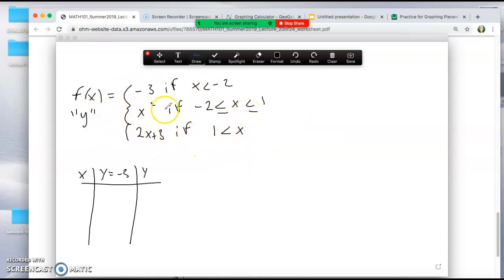So I only want to graph y equals -3 for when x values are less than -2, not equal to, so -2 or less. So that's -2, -3, -4, so on. All these numbers are less than -2. But I can't do it. There's nothing to plug in, right? So everything is just -3.